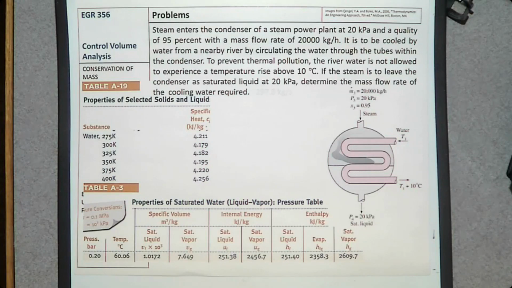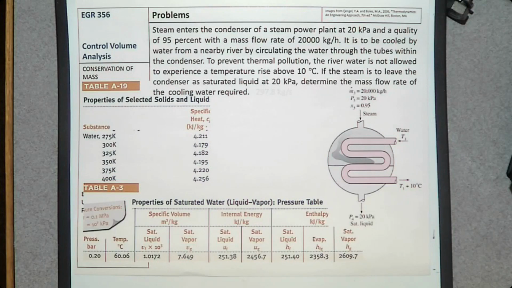No? Okay. So if the steam is to leave the condenser as a saturated liquid at 20 kilopascal, determine the mass flow rate of the cooling water required. One thing we can notice is that the pressure at the inlet of the steam is pretty low. Why is that? We studied in chapter 8, EGR456.